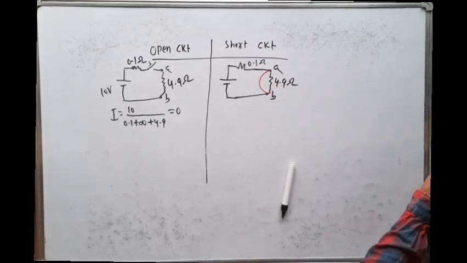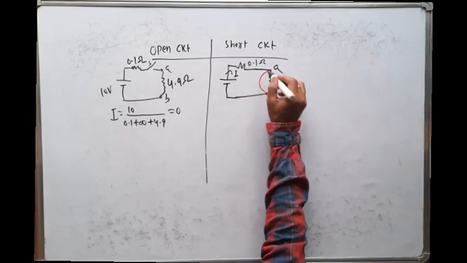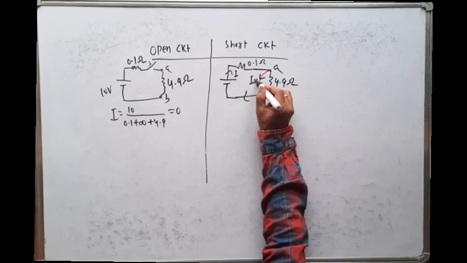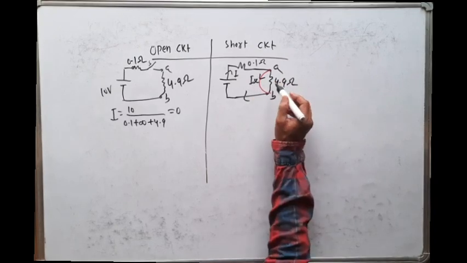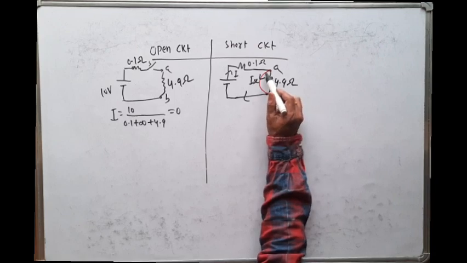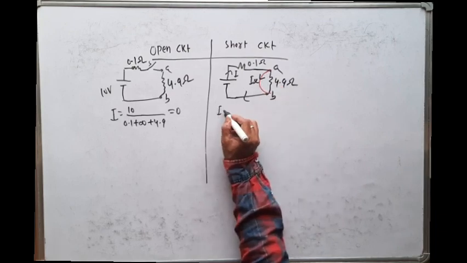If it is a short circuit, then whatever current passes will pass through this path. That is called the short circuit current. No current will pass through the load, because the resistance of the short circuit path is 0. If resistance is 0, then what is the current?